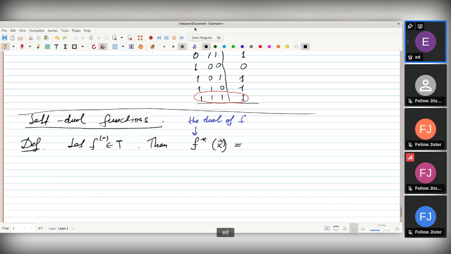It gives us the negation of the result that f would give us at its input negated. Is it clear? Or for short, we may denote it the following way: f of not x. Is it clear?